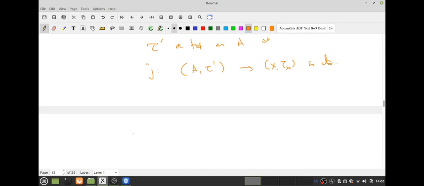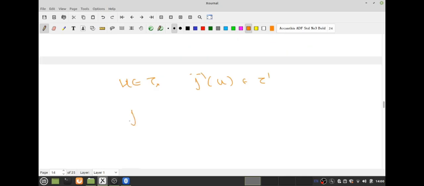Then what does this say? This says that if I start with any U in tau_X, then J inverse of U must be in tau dash. But what is J inverse of U? J inverse of U is the set of all a in A so that J(a) belongs to U. But this is the same as saying a in A, and J(a) is a, so a belongs to U. Therefore when does an element belong to J inverse of U?